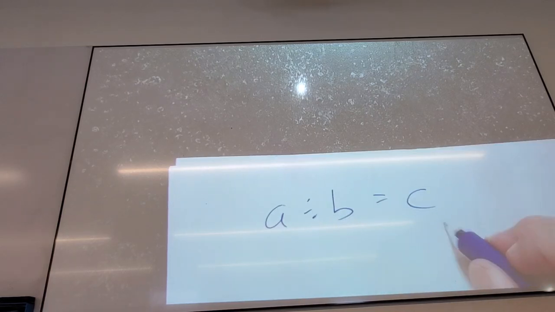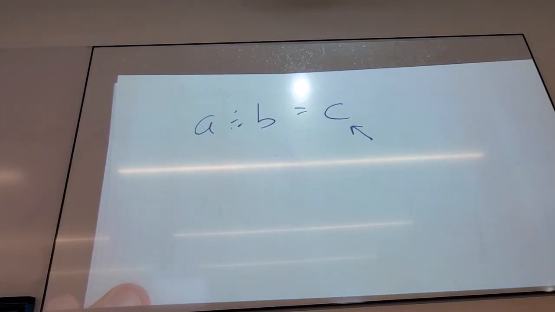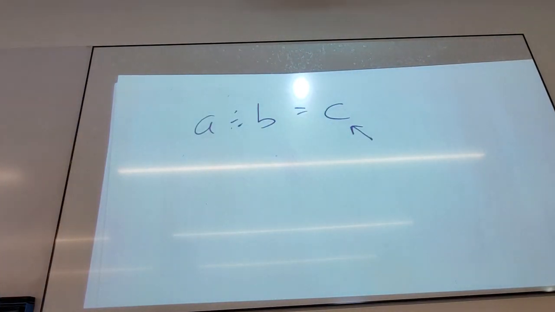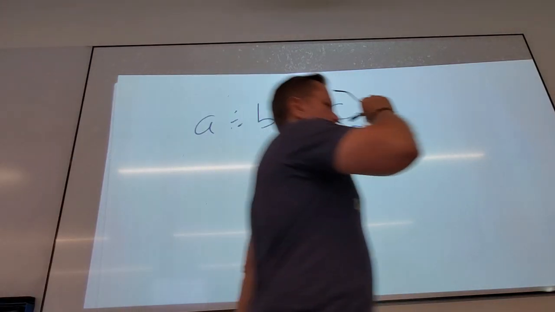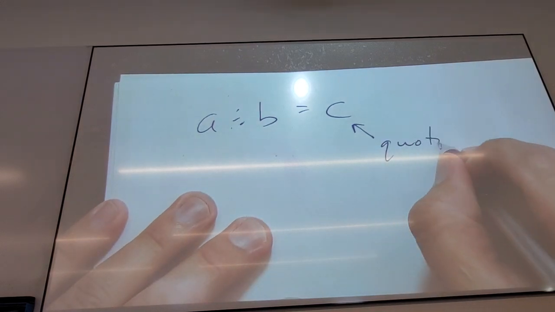Here are the words for describing a division problem. And these are kind of weird. Do you guys know what the result of a division problem is called? With addition it's the sum, with subtraction it's the difference, with multiplication it's the product, with division it's the quotient. And here we get really quite freakadelic.